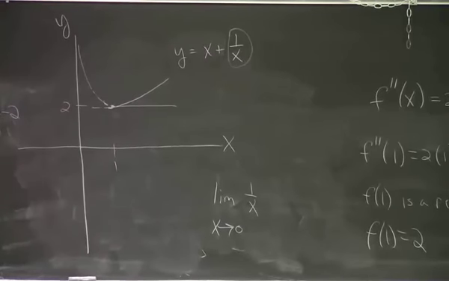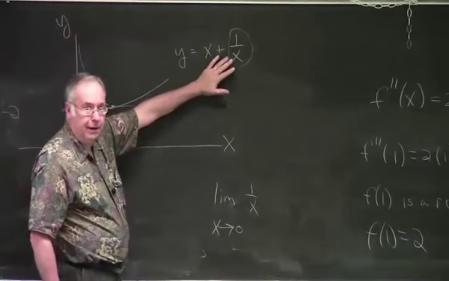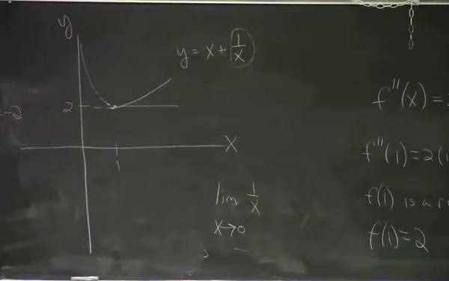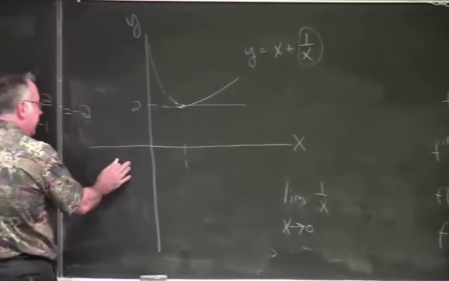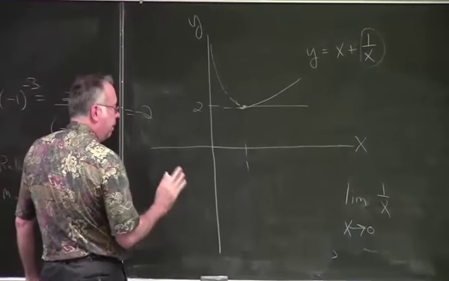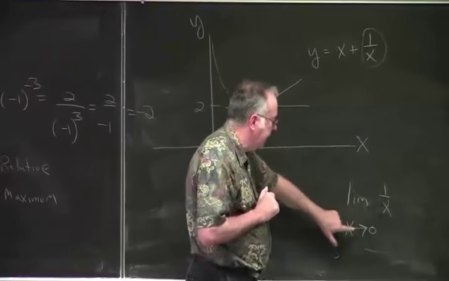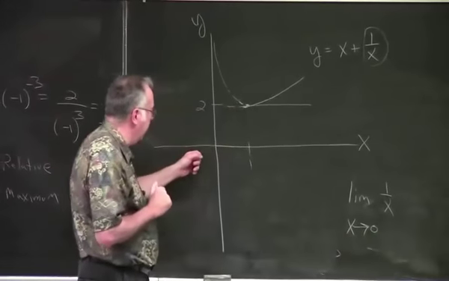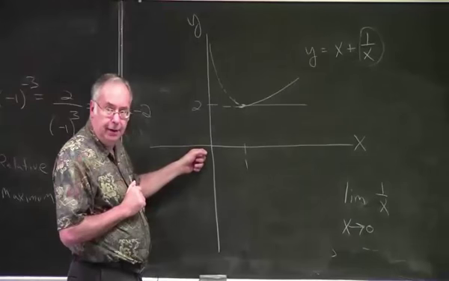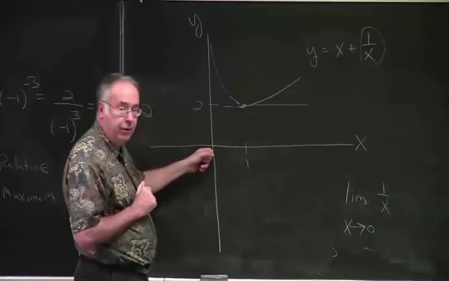But what about the other part? Suppose x is negative. Then you have a whole different graph in this section down here. Take the limit of 1 over x as x approaches 0 while remaining negative, so x is approaching 0 from the left instead of the right.